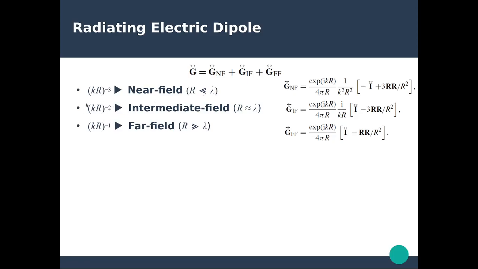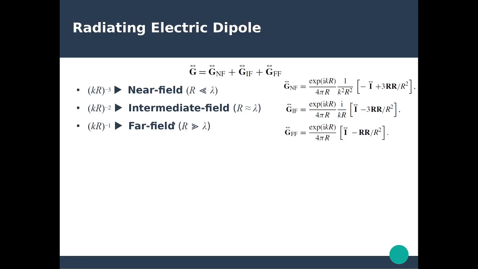You have a second term, an intermediate field, which is proportional to 1 over kr squared, and which is dominant when the distance is comparable to the wavelength of light that you're using. And then you have this last term, which is proportional to 1 over kr, which is the far field.